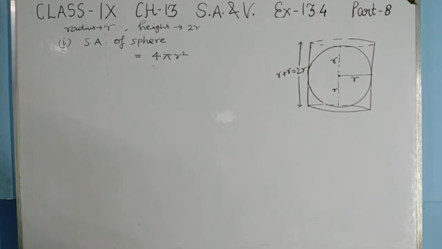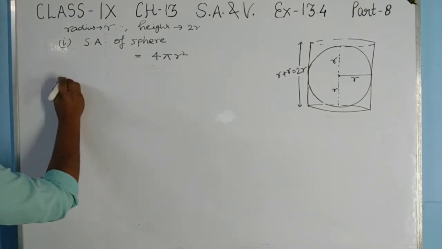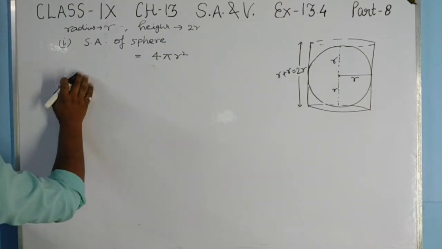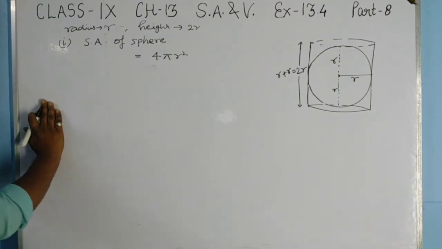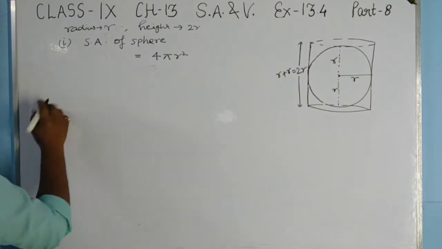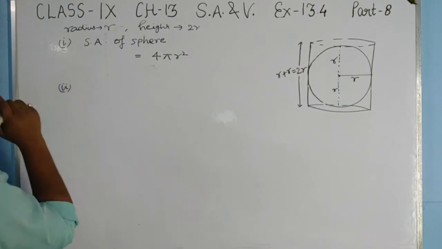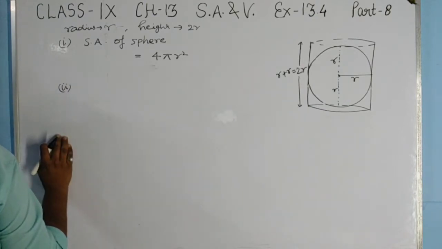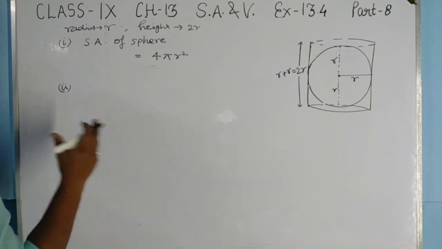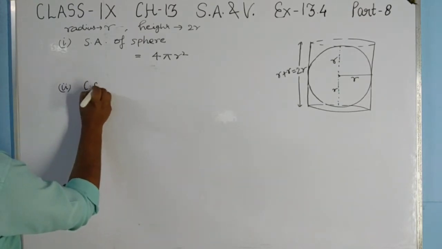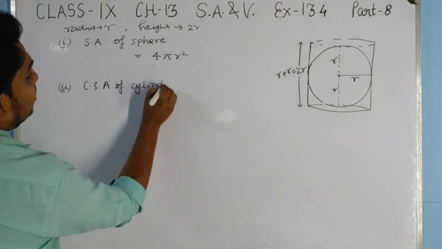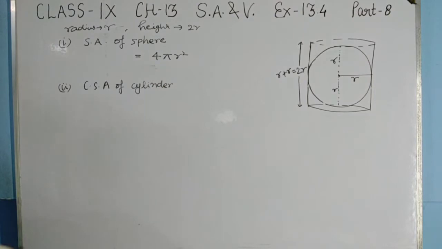Second part, you have to tell the ratio of their areas, sorry, curved surface area. In the second part, the question is asked about the curved surface area of the cylinder.